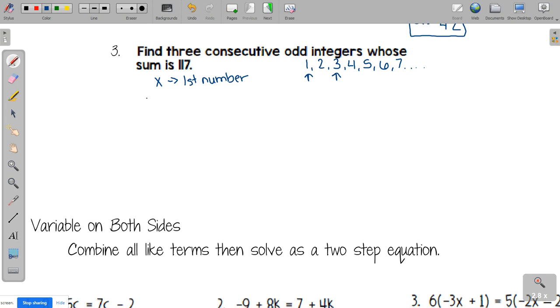So if we start with x, our first number, we have to add 2 to get to our next odd number. So this would be our second number. And then the third number, if we start with our x, we would have to add 1, 2, 3, 4. We'd have to add 4 to get to our third number we want.